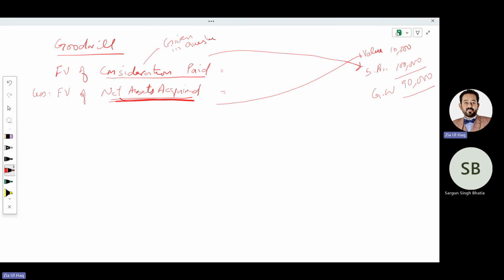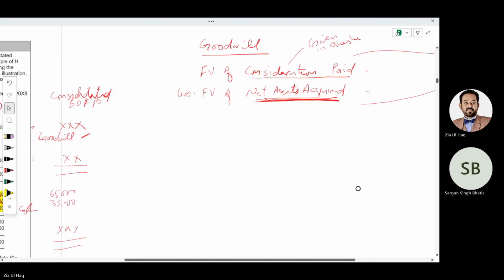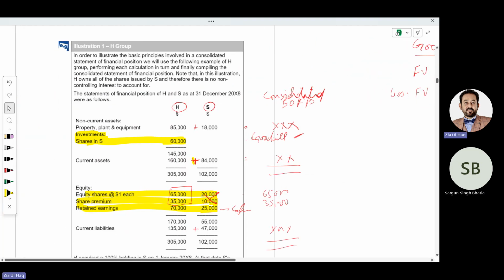Is that fine? Yes, sir. So how to calculate goodwill? Fair value of consideration paid, meaning amount paid to buy the company, less fair value of net assets acquired. How to calculate this, we are going to discuss.